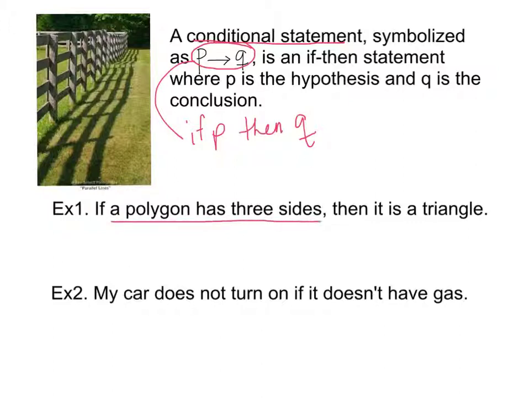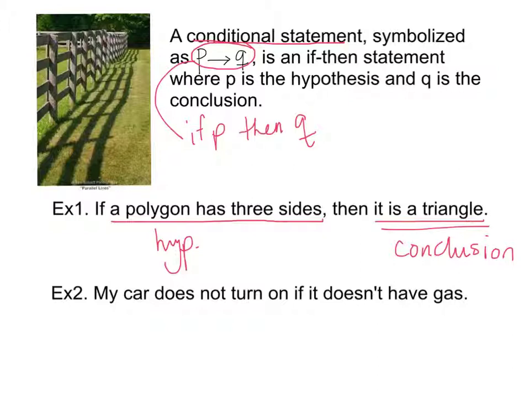A polygon having 3 sides is the hypothesis, and we can go ahead and write in hypothesis. Then it is a triangle. The second event is the conclusion. What this means is if this is occurring, then this will happen. So this is the result of this being set up as set up.